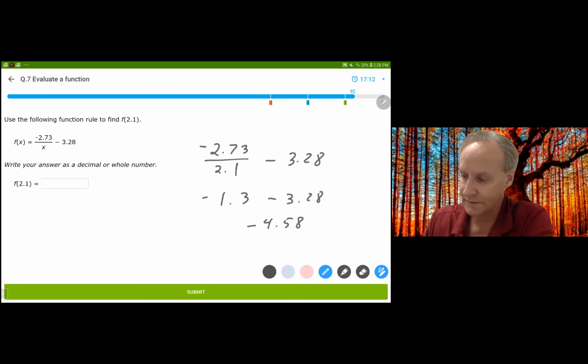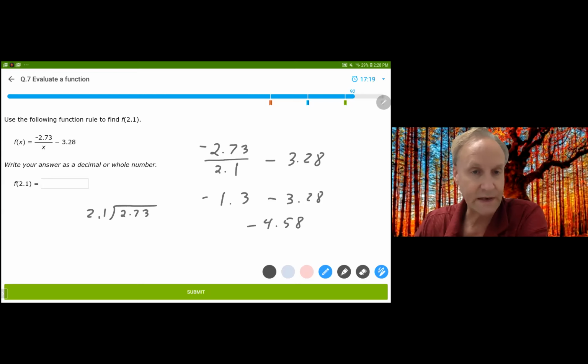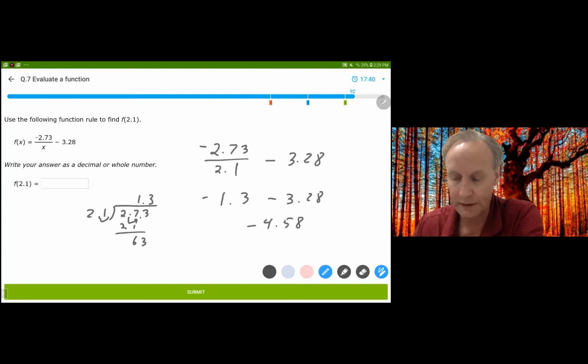If you wanted to see this on the side, it's 2.1 going into 2.73. Don't forget the negative. When you do arithmetic like this, you want to remember that the negative is there. You move the decimal over, for those of you who know how to do this. The decimal goes straight up. 21 goes into 27 one time, and that's 21, and I have 63 left over. 21 goes into 63 3 times.